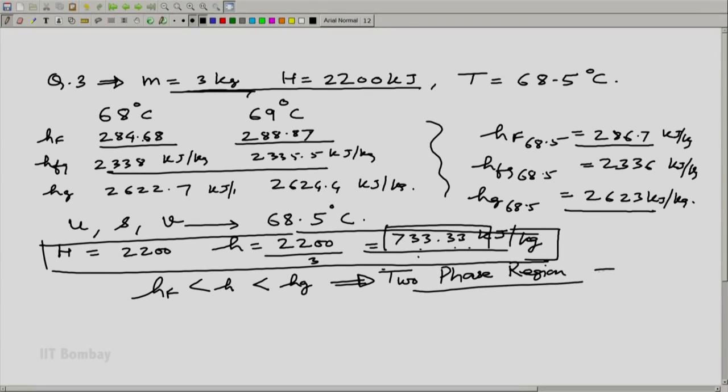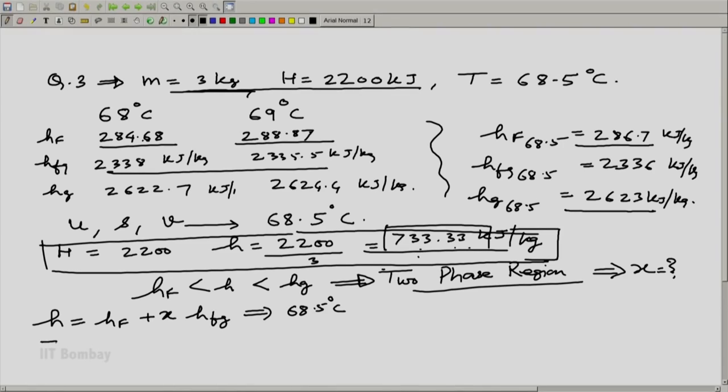That means we have to find out what x is. I can get the value of x as H equal to hf plus x times hfg, and this has to be done at 68.5 degrees centigrade.